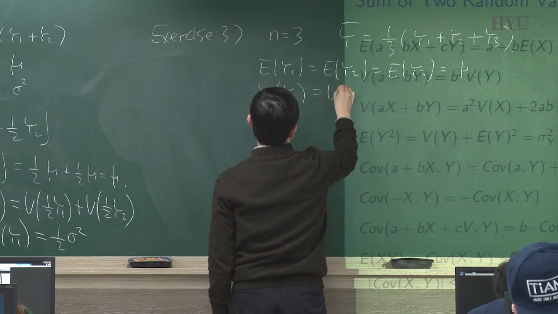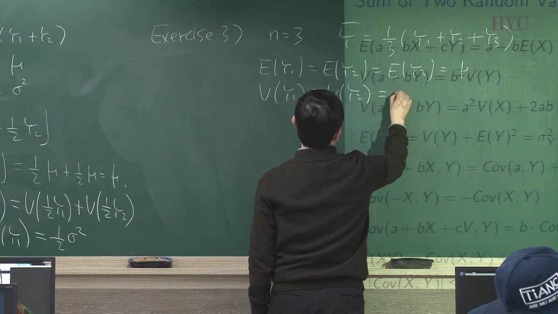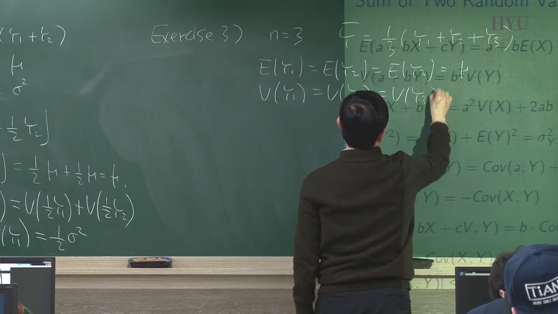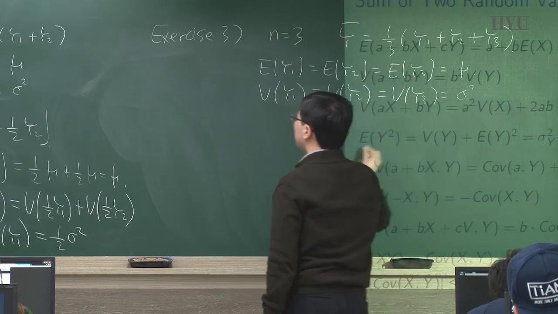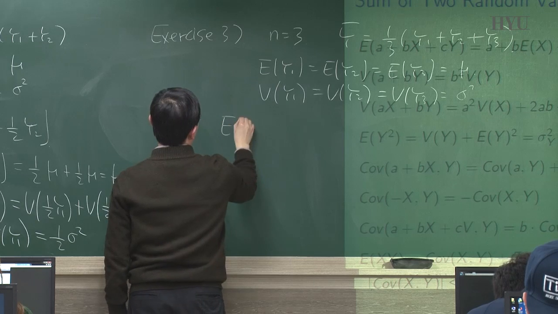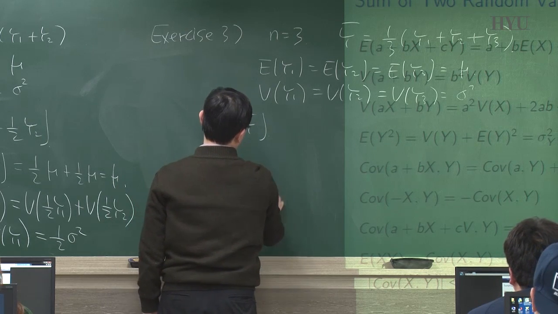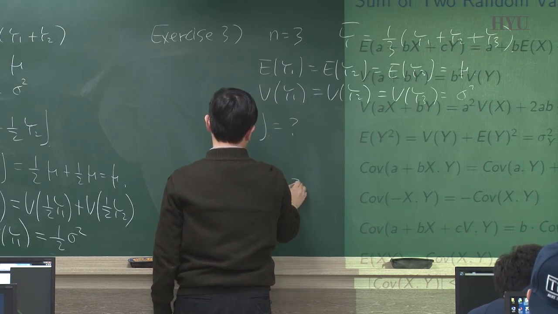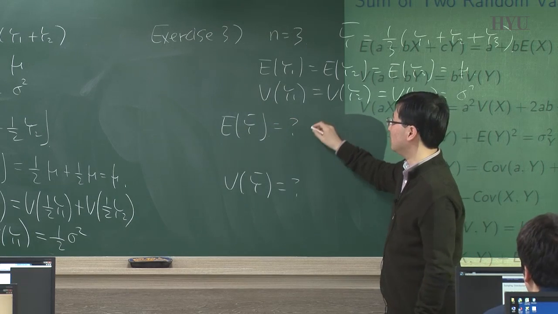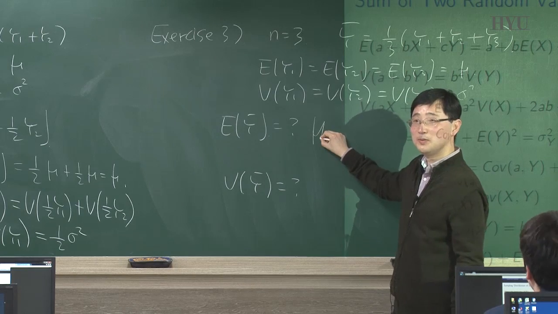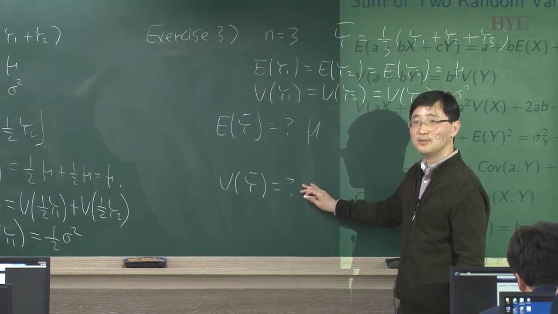Because they have the same distribution, they should have the same mean. And they must have the same variance. So the question is, what is the mean of y bar? What is the variance of y bar? Did you get mu? What did you get?